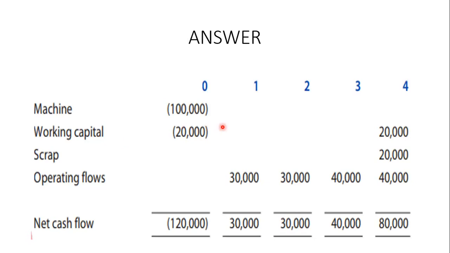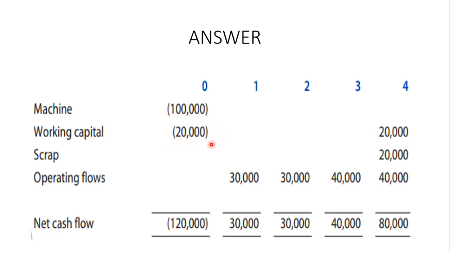So when you lay out your investment plan, you have your year zero, that is the initial period when the investment was made. And then you have the 4-year horizon from year 1 to year 4. Notice that the machine, the 100,000 we spent on the machine, occurred in year zero, as well as the working capital. And these are cash outflows all the time.